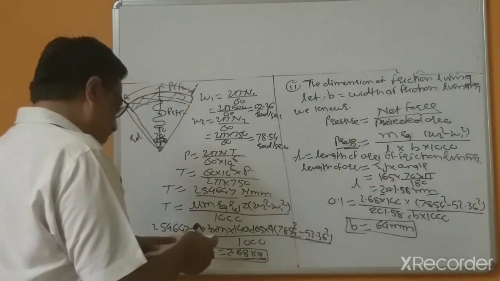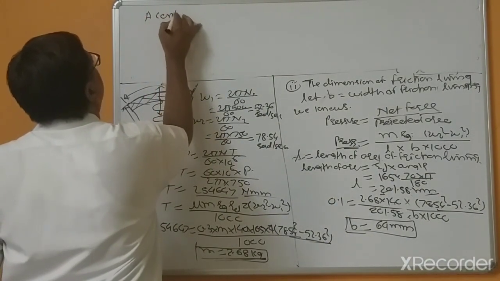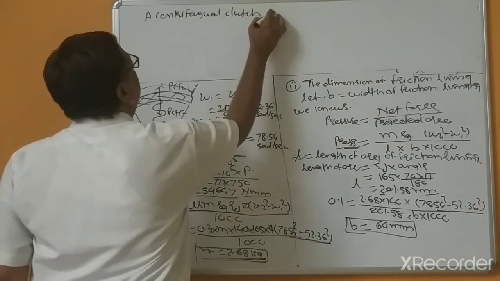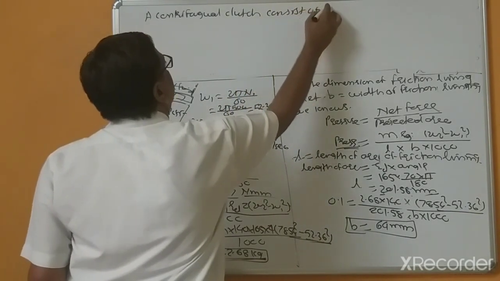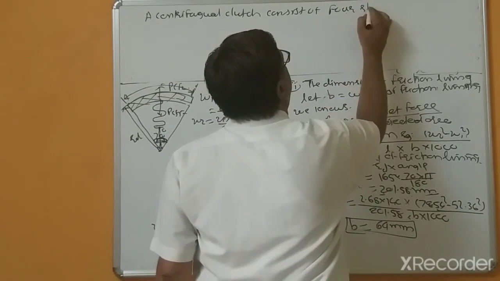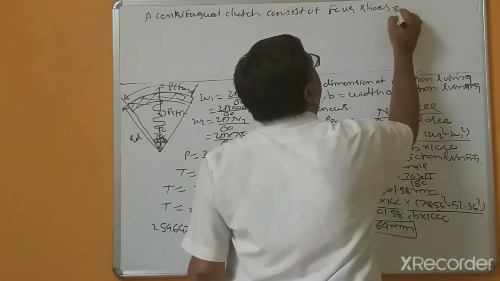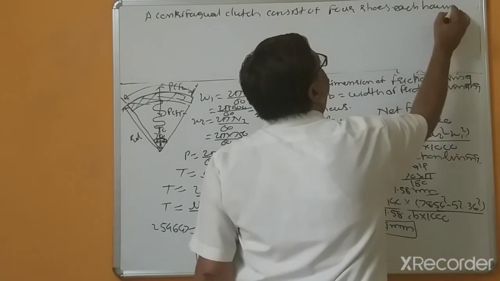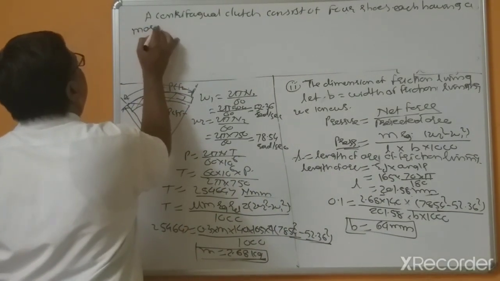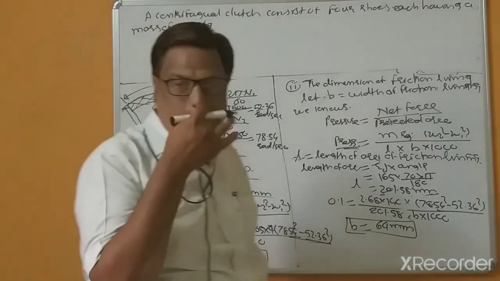So please note down. Second problem: a centrifugal clutch consists of 4 shoes, each having a mass of 1.5 kg. In the previous problem, the mass of the shoe had to be calculated.